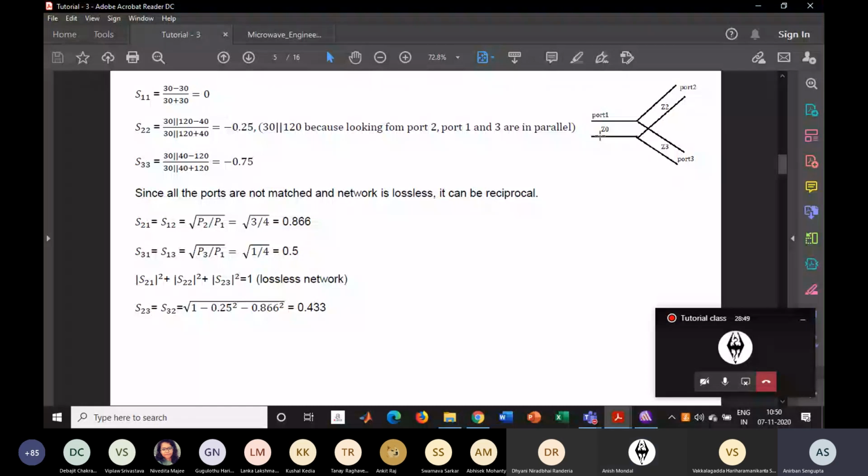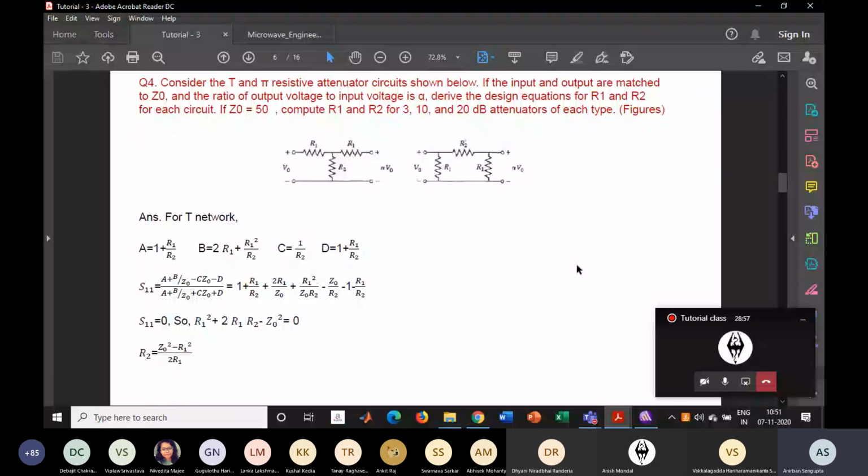So moving to question number 4. This is the question of an attenuator. You can see that there are two types of attenuators shown. One is a T network, another one is the pi network. They are considering the characteristic impedance as 50 ohm and different attenuation levels of 3, 10, 20 dB.